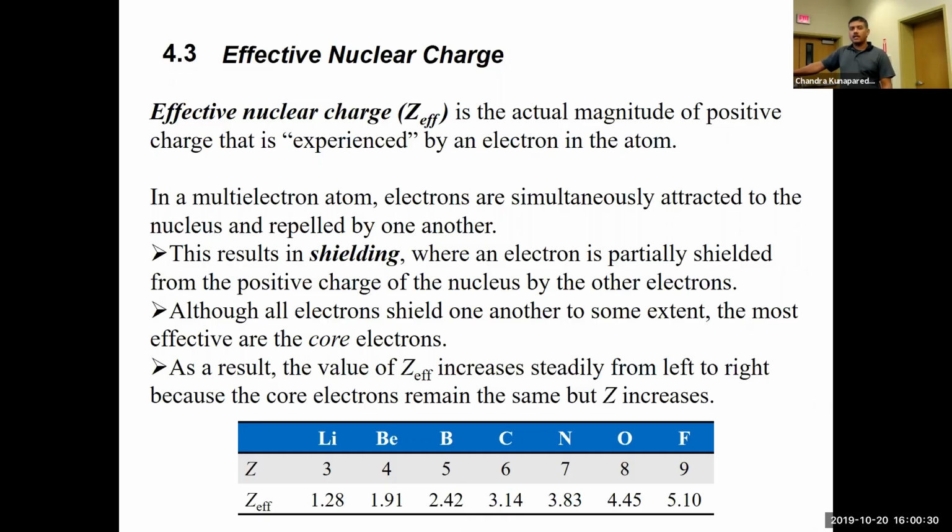These elements have electrons arranged at different distances from the nucleus that we call shells. The closest one is shell 1, the next closest one is shell 2, the next is shell 3, each going farther from the nucleus.